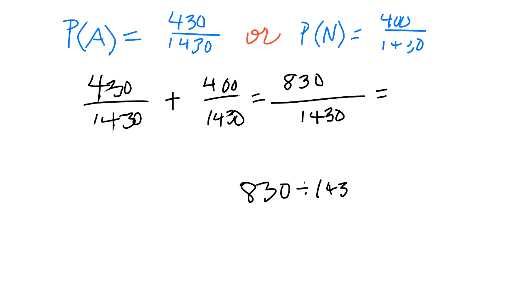Okay. So 830 divided by 1,430 is approximately 0.58. So I have about a 58% chance of randomly picking somebody who's in the Army or the Navy.